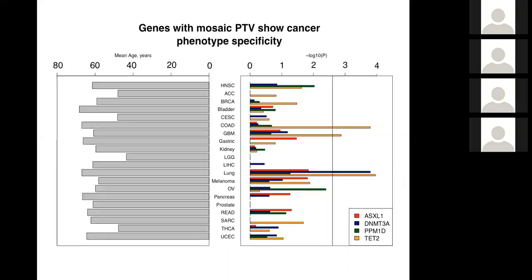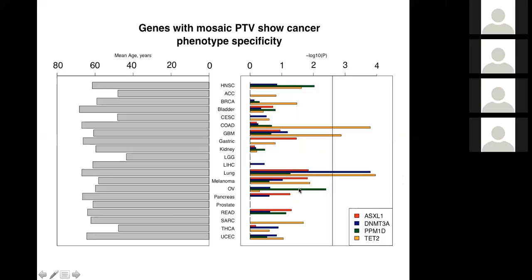On the left you see the mean age of each of the cohorts. These are the codes for TCGA: head and neck squamous cell carcinoma, breast cancer, bladder cancer, and so on. Those are the codes for the phenotype, and all those are different kinds of phenotypes.